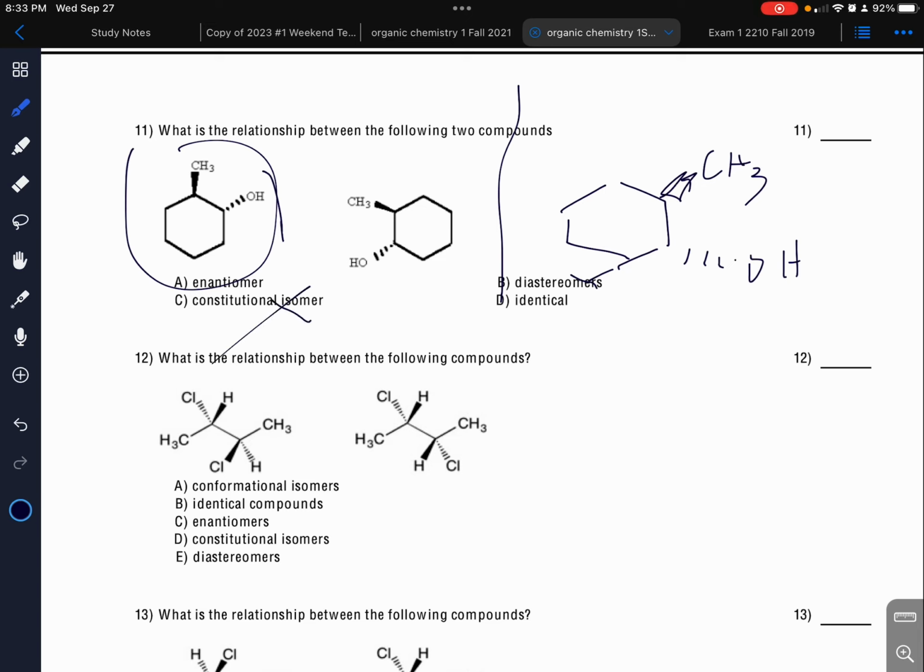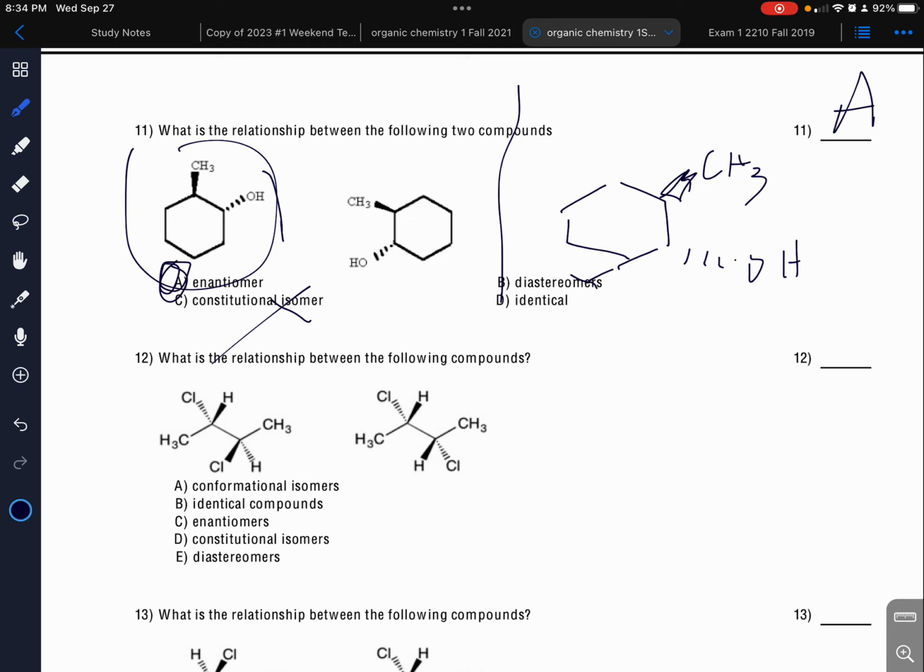They're either enantiomers or the same. So I look and see, do they have a plane of symmetry? They don't. So I say that they are enantiomers. So that's A.